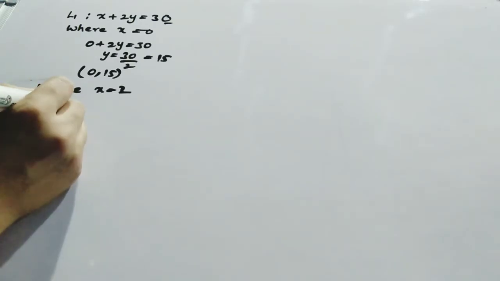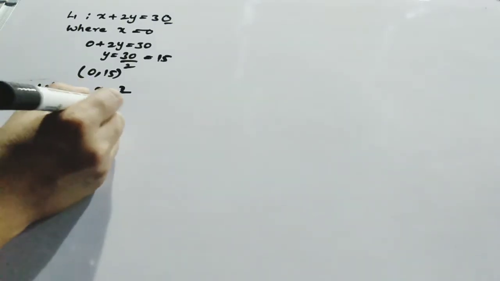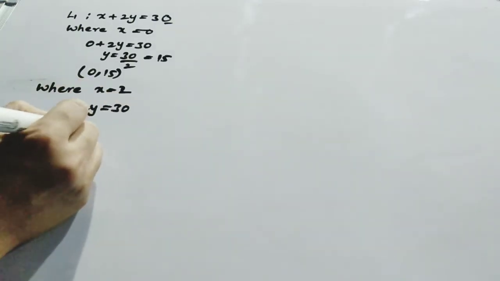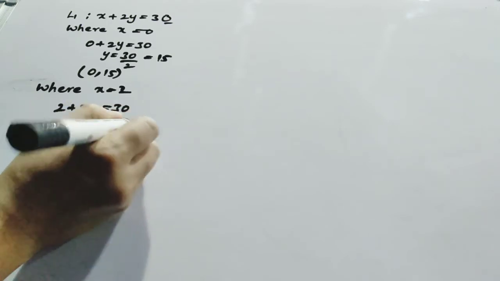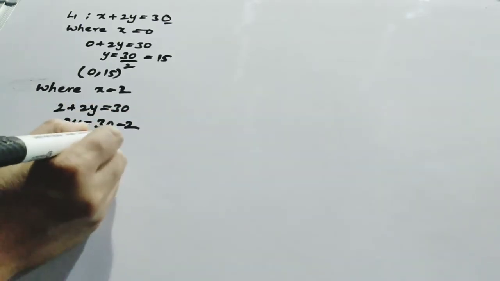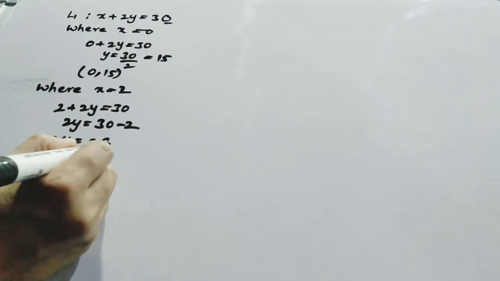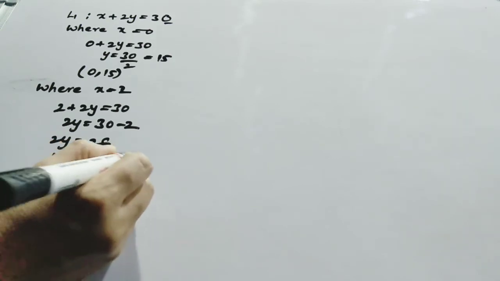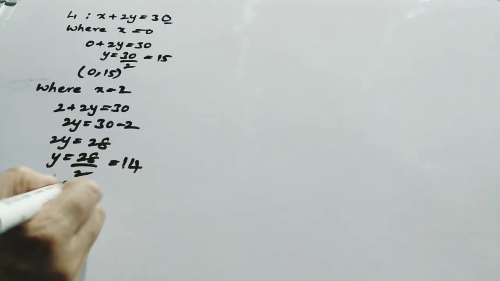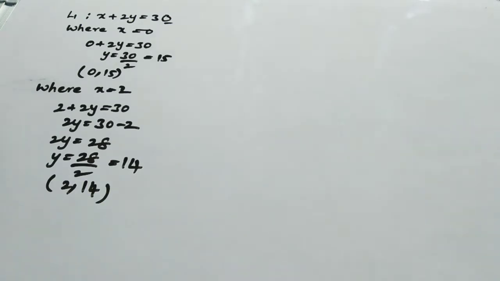Substitute in your L1: 2 plus 2y equal to 30, 2y equal to 30 minus 2, 2y equal to 28, y equal to 28 by 2, what you will get? 14. So the coordinates are 2, 14. Next take x equal to 4.